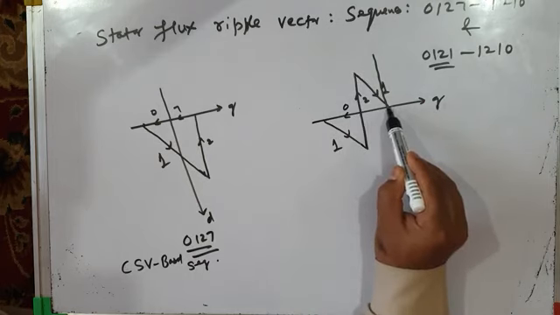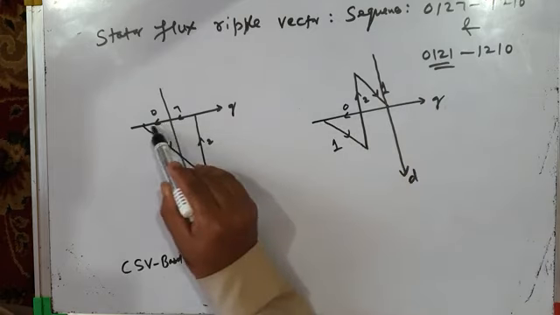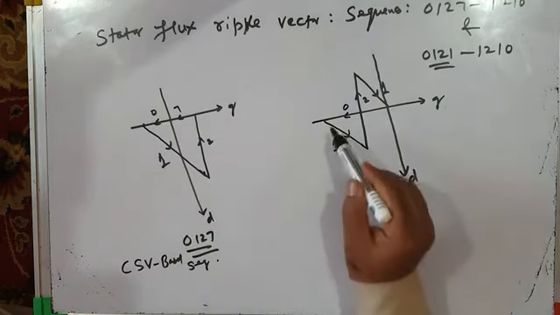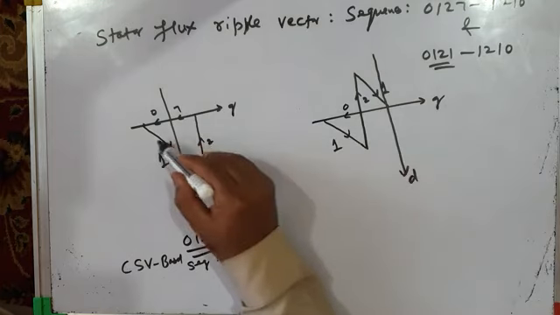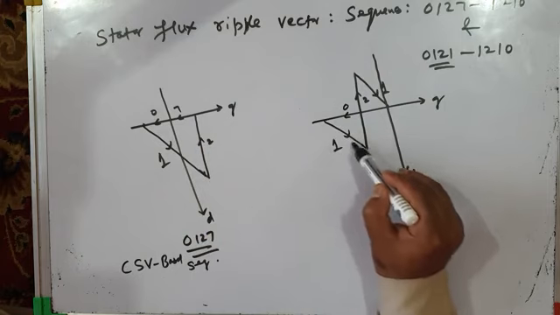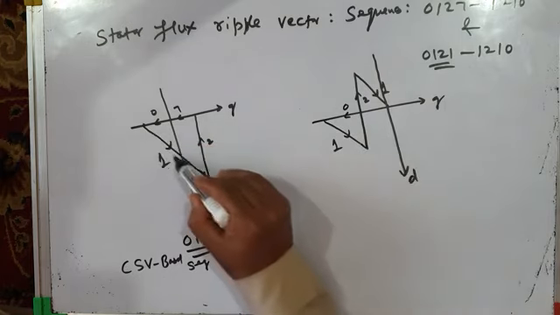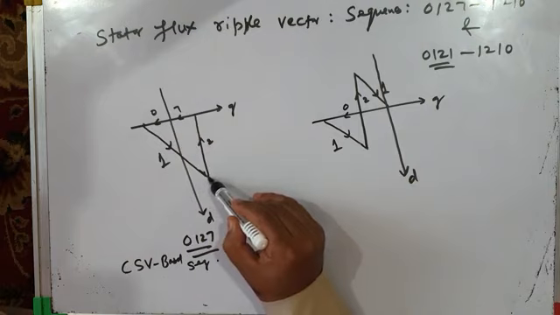Here you can see the Q axis ripple is higher than the Q axis ripple produced by this, but the D axis ripple has been reduced here, because here active vector 1 is applied twice, each for time interval T1 by 2 only, whereas there it is applied for time T1.